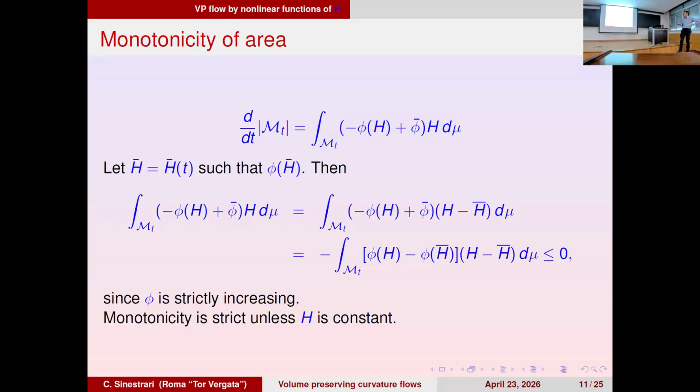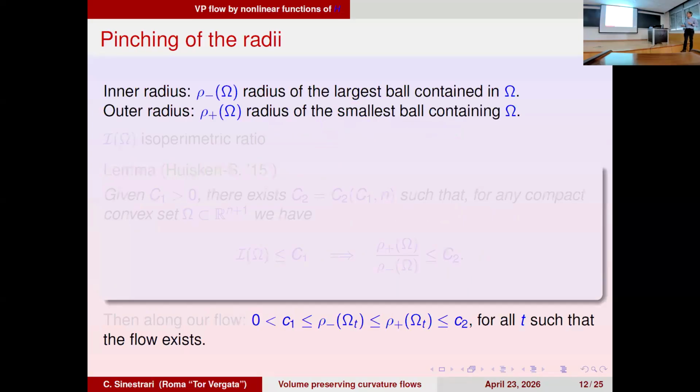Since phi is monotone, the integral is positive. So we have a minus sign in front, it's negative. So again, we have something strictly negative, which can only be zero if H is constant. So we have the same structure as in the basic case of phi of H equal to H. So this first ingredient is here.